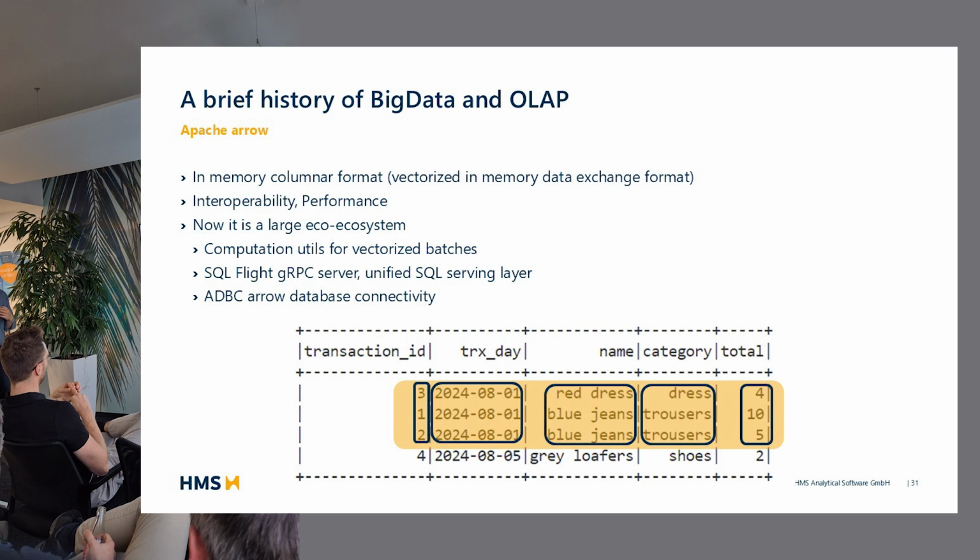Nowadays it has grown into a large ecosystem. They provide not only utilities to work with batch data, but also utilities for how to access this data or interconnect different systems so that they can pass vectorized data between the systems.